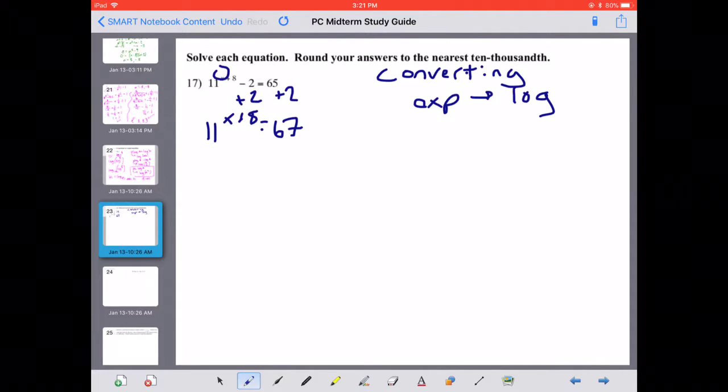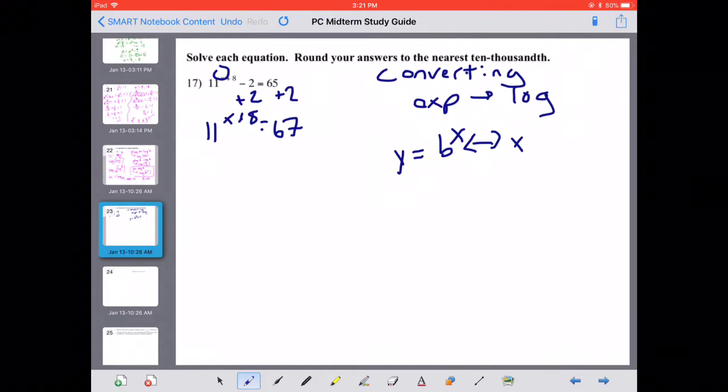So we have that, and unfortunately, the only thing we can do next would be to rearrange this and convert it into the log. So the rule we have for that is if we have y equals b to the x, we can go back and forth between our forms by saying x equals the log base b of y.